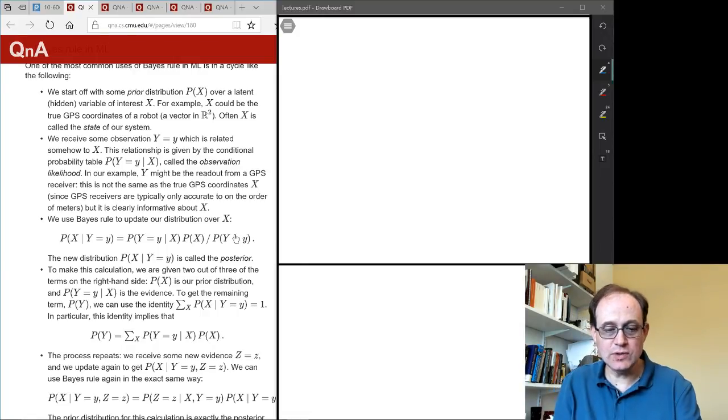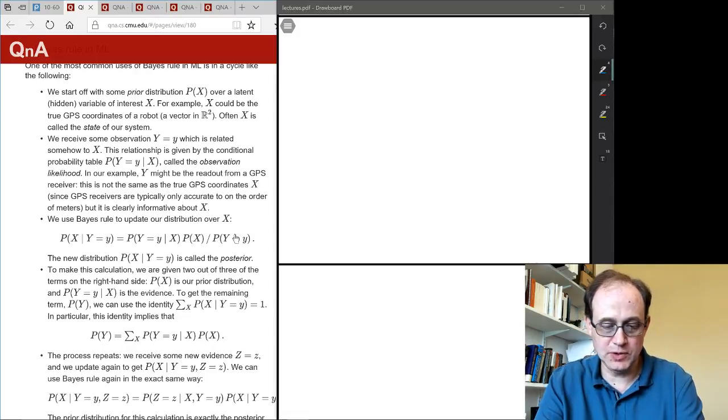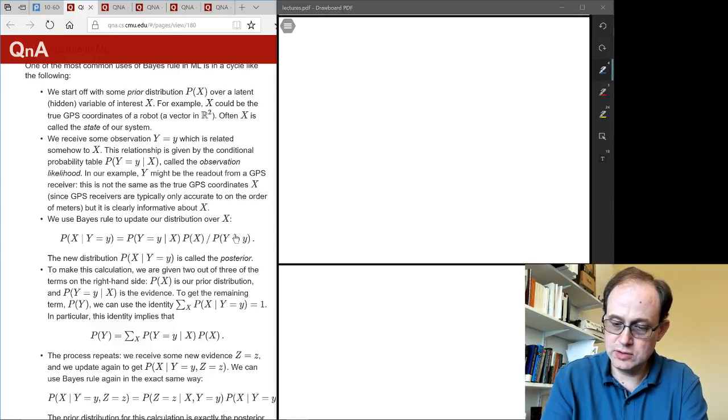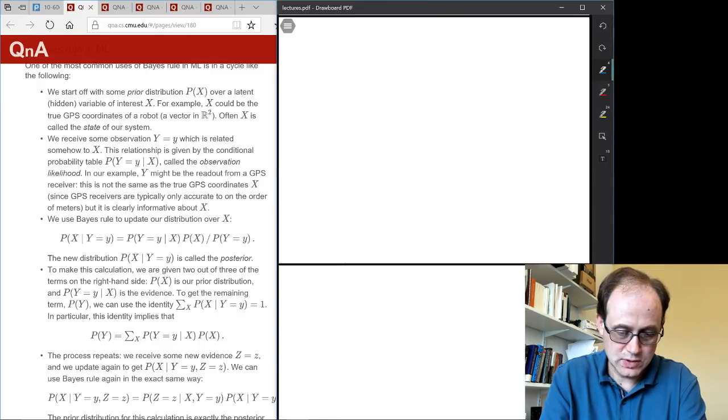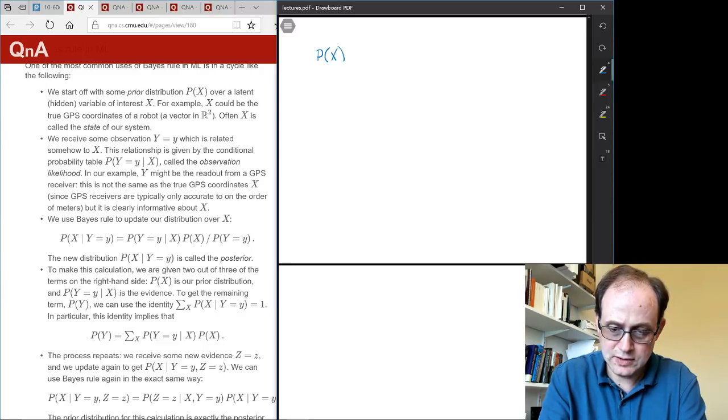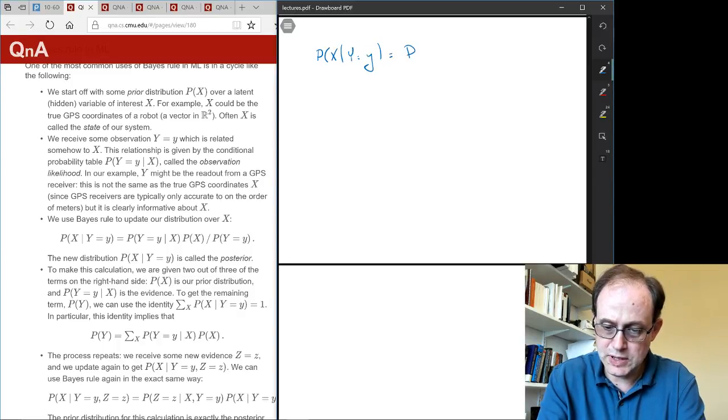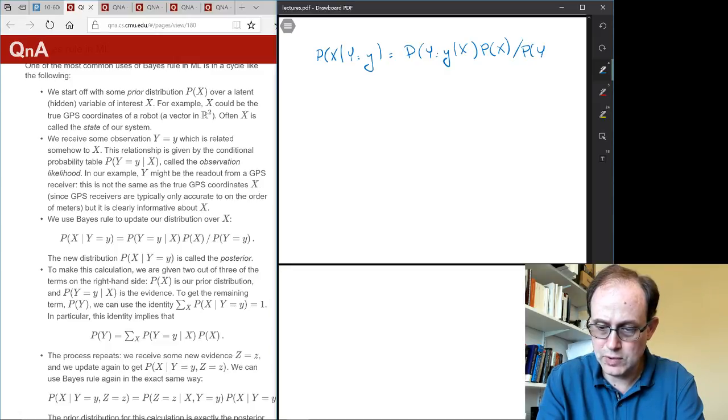And how do we get that? We use the identity that probability distributions have to sum to 1. So let me write that out in a little bit more detail. We have P of x given y equals y is equal to P of y equals y given x, P of x over P of y equals y.